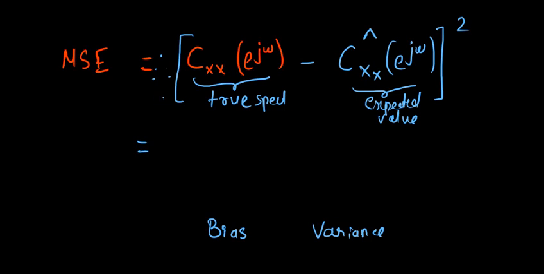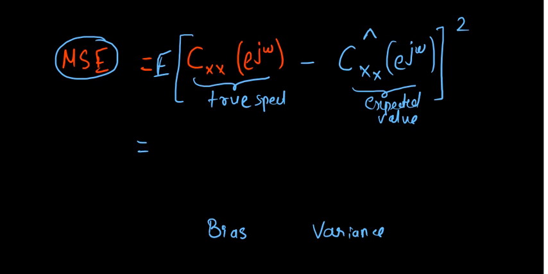So let me just write that the expected value of the true minus original, squared, is nothing but our mean square error. Now what I am doing is simply expanding it. This is a minus b whole square, right?